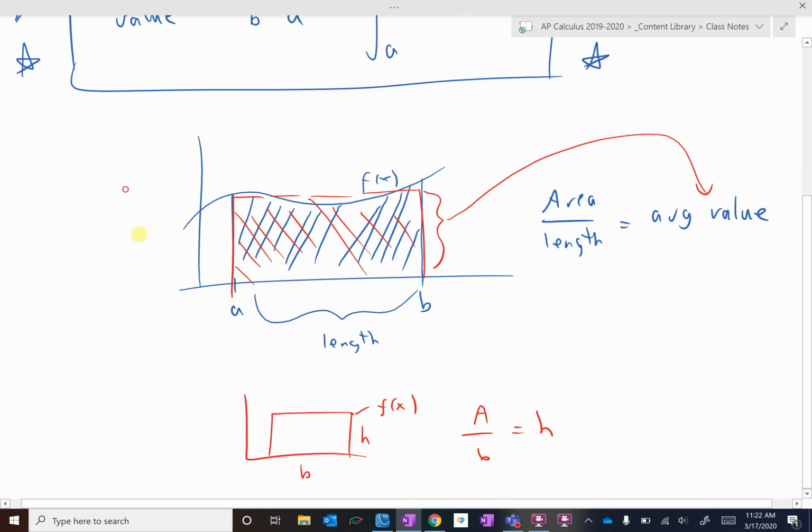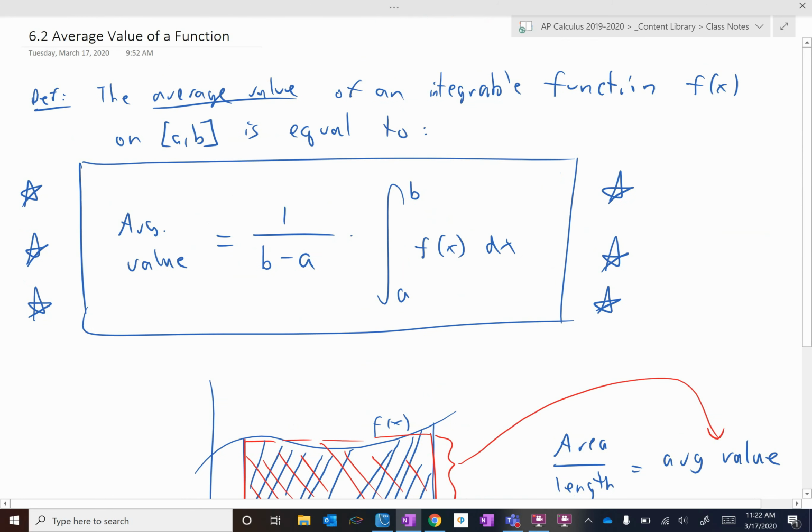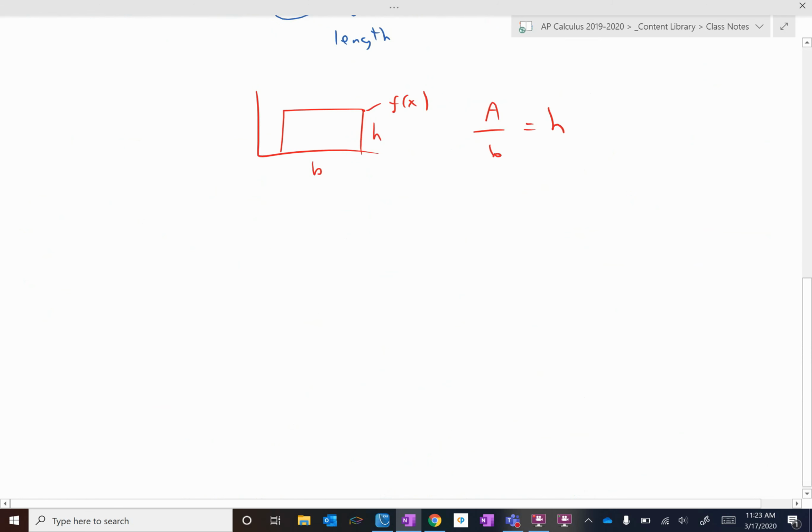So, long story short, the average value of any given function on a closed interval is equal to 1 over b minus a times the integral from a to b of that function. Definitely one of the formulas that you'll need to have memorized for your AP exam. Let's see it in practice on a simple example.